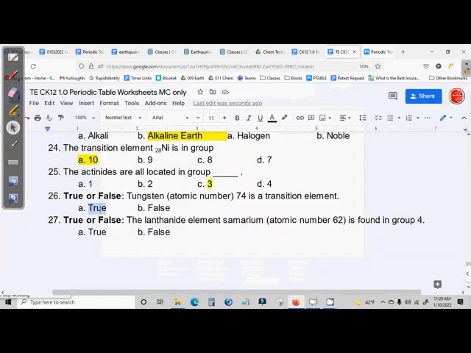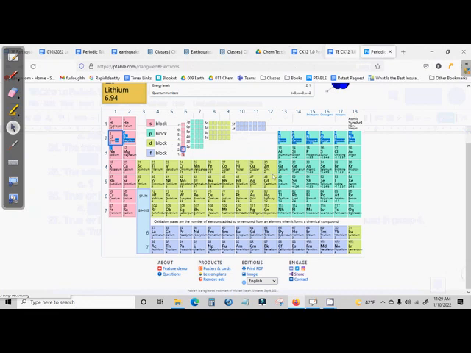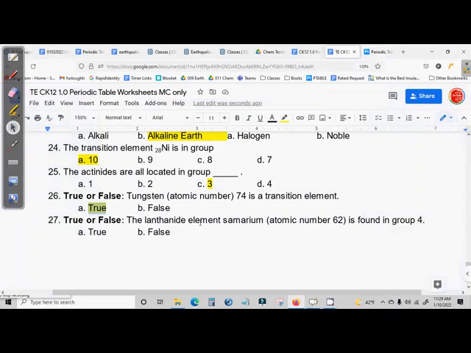So that is true. Lanthanide element samarium, atomic number 62, is found in group 4. Is that true or false? So we find element number 62, and 62 would be in period 6 because it's a lanthanide. It's in period 6, so that's false.